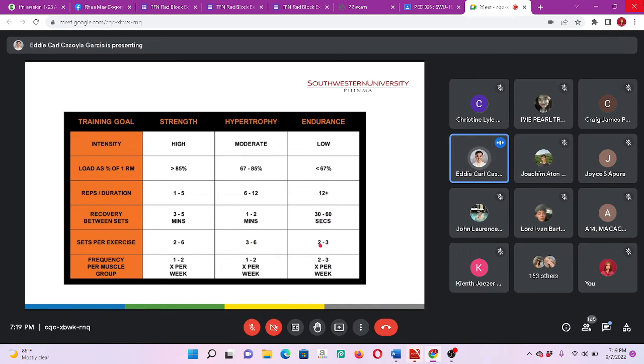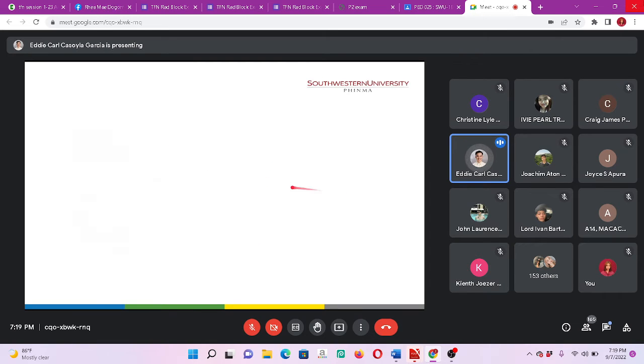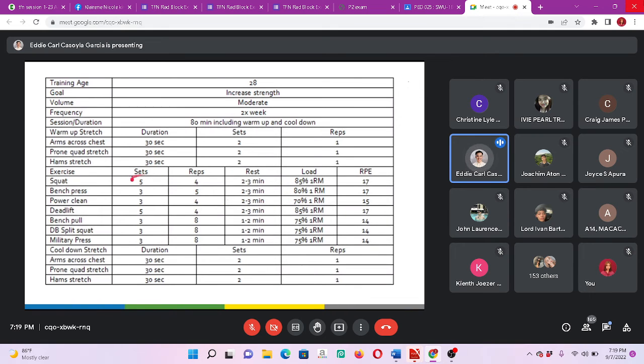For low intensity, 2 to 3 sets per exercise. Okay, so again, refer to this table so that you can fill in the remaining information that needs to be changed. Okay, especially the number of sets and repetitions. And again, it will depend on the level of intensity of your program.